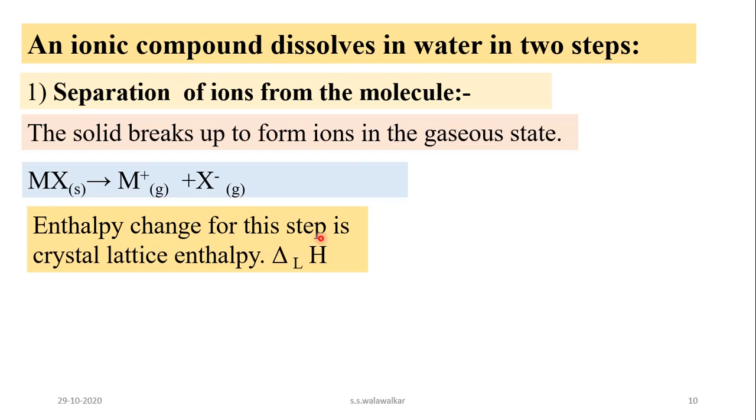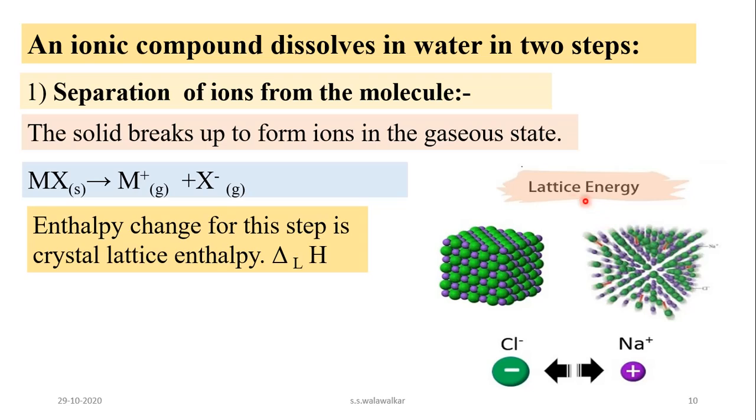So the enthalpy change for this step is known as the crystal lattice enthalpy. See here, suppose this is the crystal of sodium chloride. The green atoms are chlorine and the blue atoms are sodium. As it is an ionic solid, there is a strong attraction between these cations and anions, and to separate the chloride ions and the positively charged sodium ions, some amount of energy is required, and that is called lattice energy.